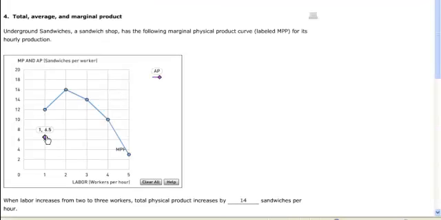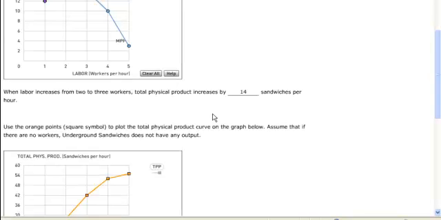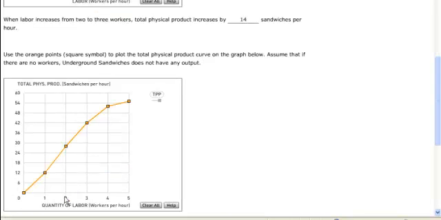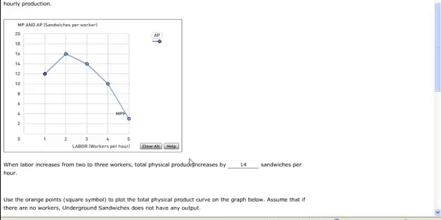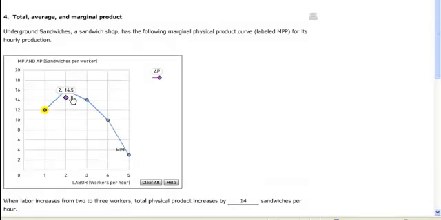So I'm going to go ahead and place my first point at (1, 12). To get my second point, at a quantity of labor of 2, I have a total physical product of 28. So 28, which is the TPP, divided by the number of workers, 2, is going to give me 14. So my average product is going to be 14. So it's going to be (2, 14).